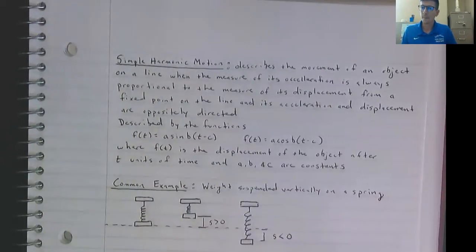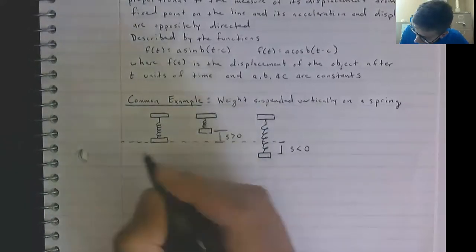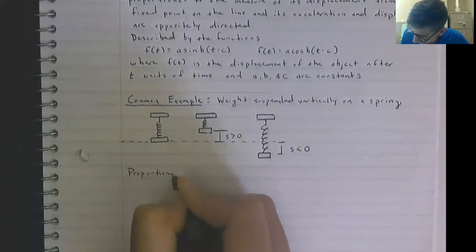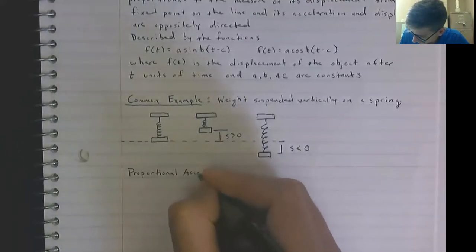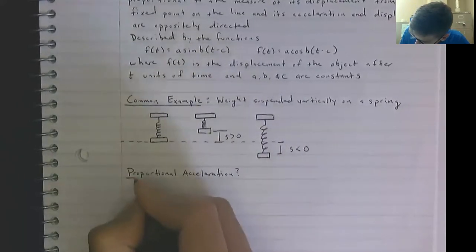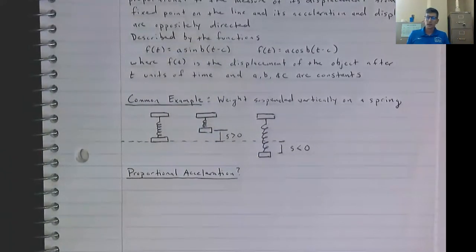Well, if we remember back to 2.5, we said that the acceleration was the instantaneous rate of change of our velocity. Well, the velocity is the instantaneous rate of change of our position, our displacement, and so the acceleration is the second derivative of our displacement.